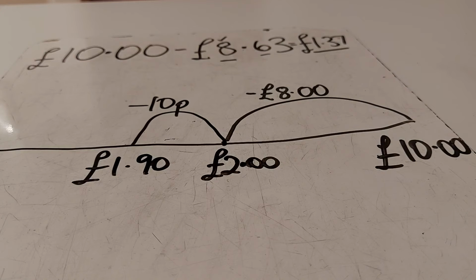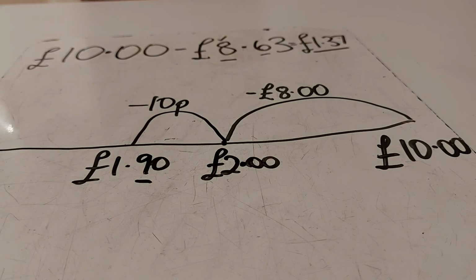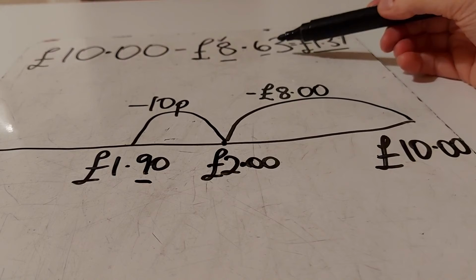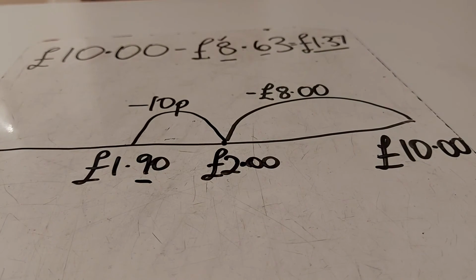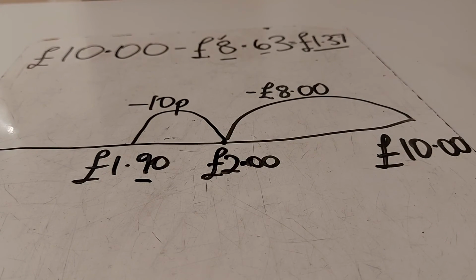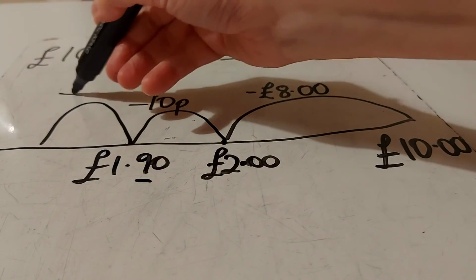Now, I could subtract 5 further lots of 10 pence, but do you know what? Now I've got a 9 in the 10 pence column, I think it's going to be a lot easier for me to take away this 60 pence. Now, I've already taken away 10 pence, so some of you have probably realised that all I need to take away now is 50 pence.